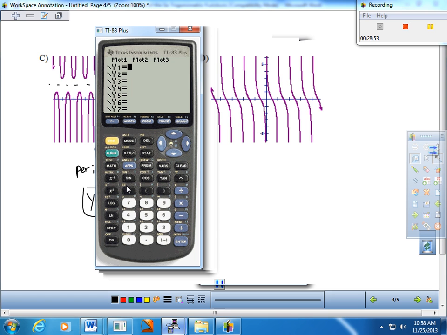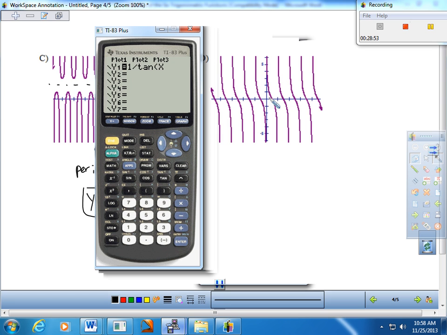and just see if we can get this one to work. So 1 divided by tangent of x. I hit graph, and so that's what we have going on right there. Now the only thing that sort of happened is it looks like from here to here, things have been horizontally compressed, right? The period is less.